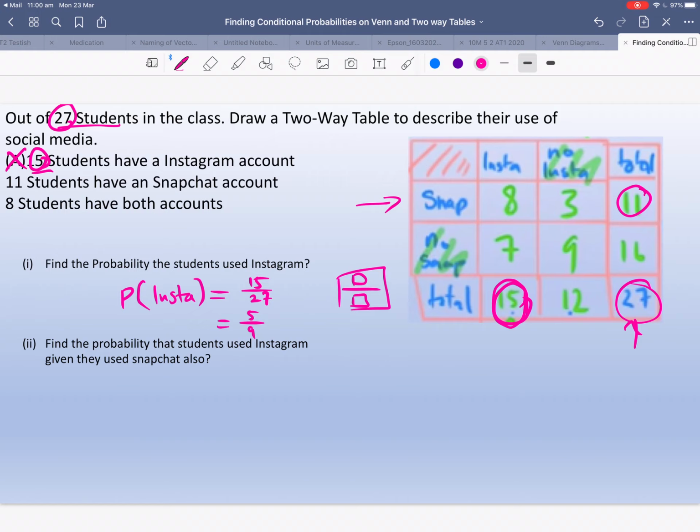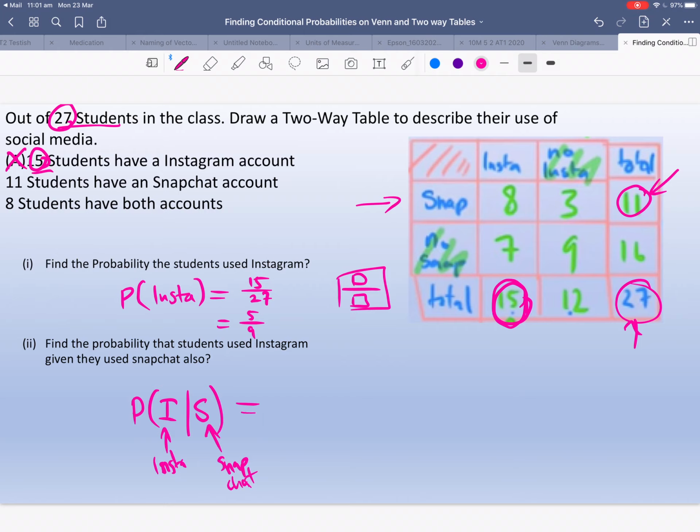Question number 2. Find the probability that students used Instagram given they use Snapchat also. What's the total amount of students that like Snapchat? Here it is, 11. So it's the probability of students that like Instagram given they like Snapchat. I've used this as Insta and this as Snapchat.